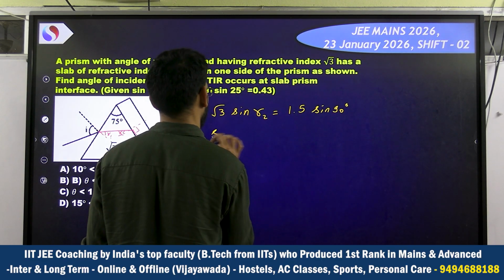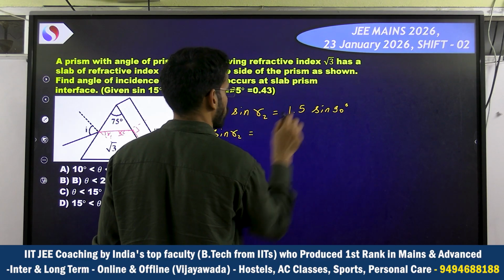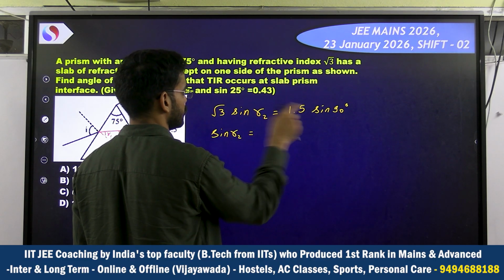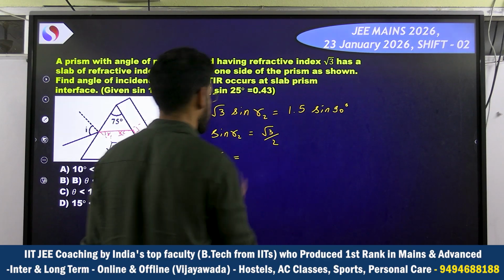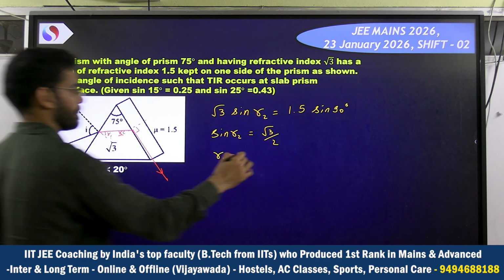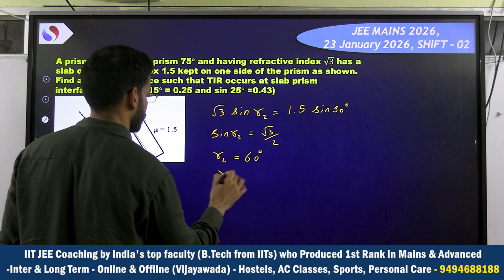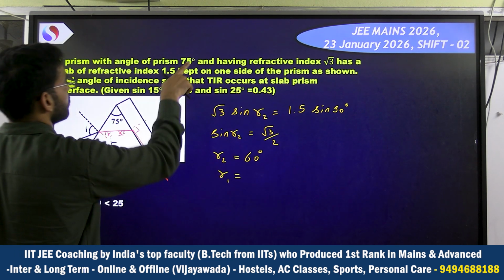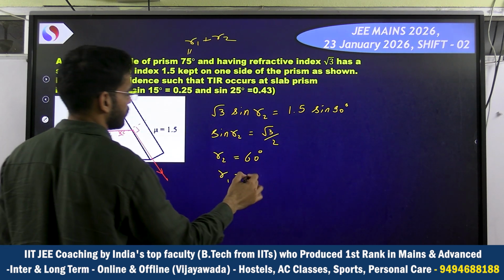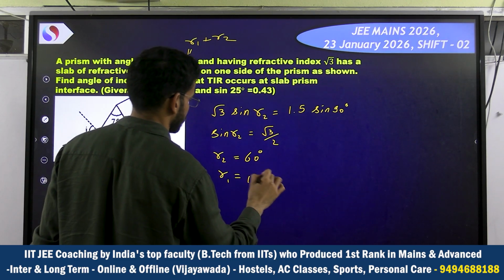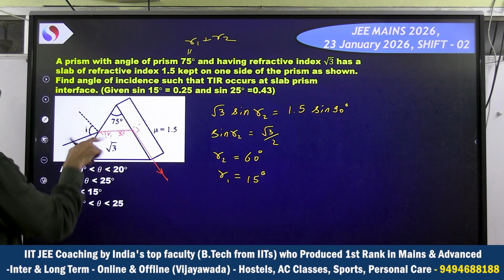So sine R2 is root 3 by 2, so R2 is 60 degree. So R1 is what? 15 degree, because R1 plus R2 is the angle of prism. So R1 is 15 degree.